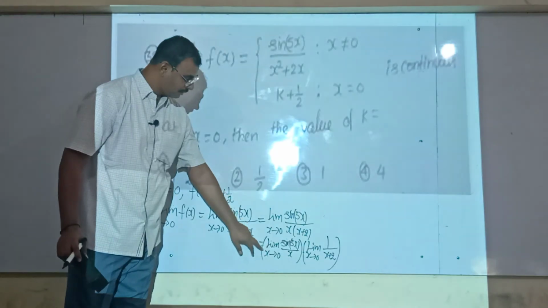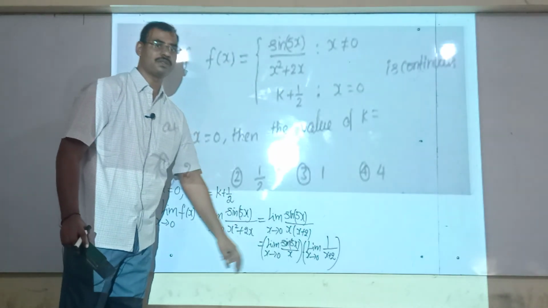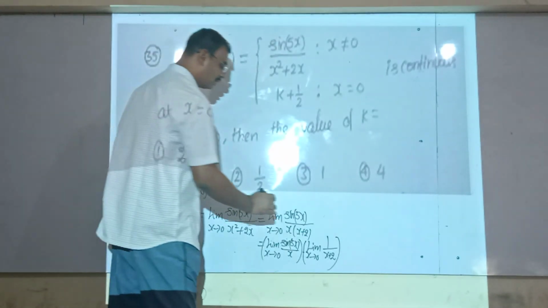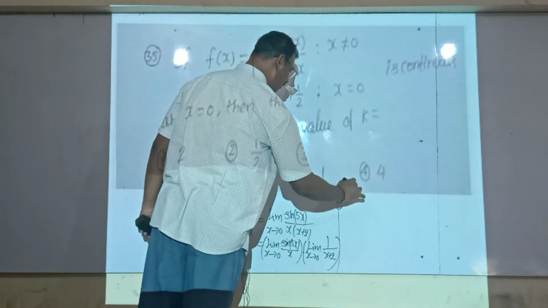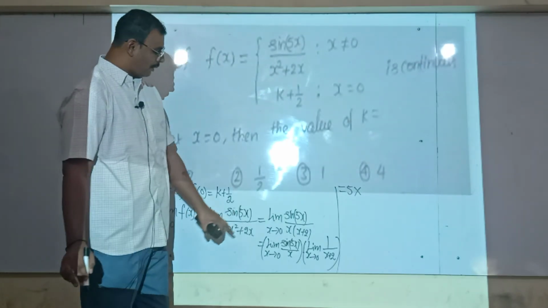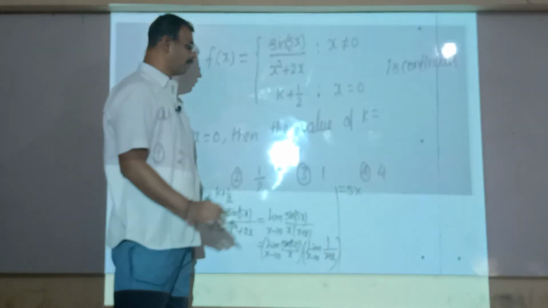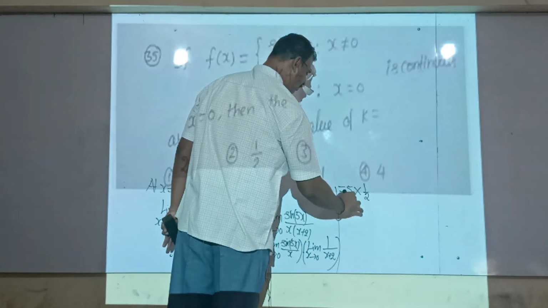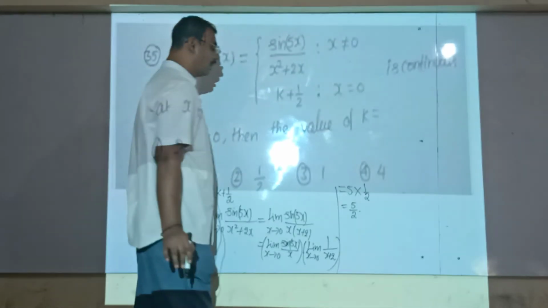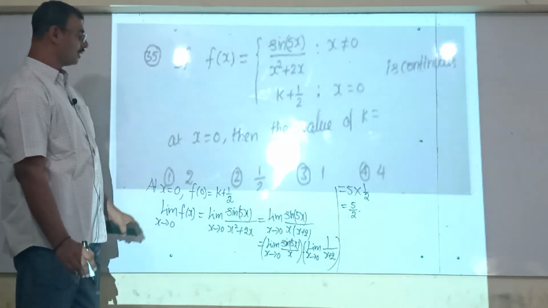Now do you know this value? Limit of sin x by x as x approaches 0 is equal to 1. So this is equal to 5 into, applying the limit, 1 divided by 0 plus 2, which is 1 by 2. So 5 into 1 by 2 is equal to 5 divided by 2. I got the limit of the function equal to 5 divided by 2.